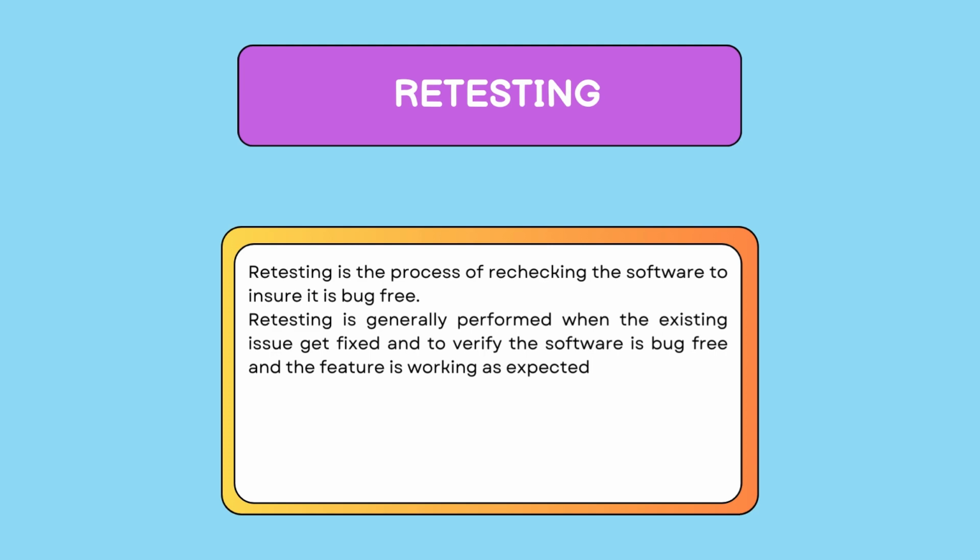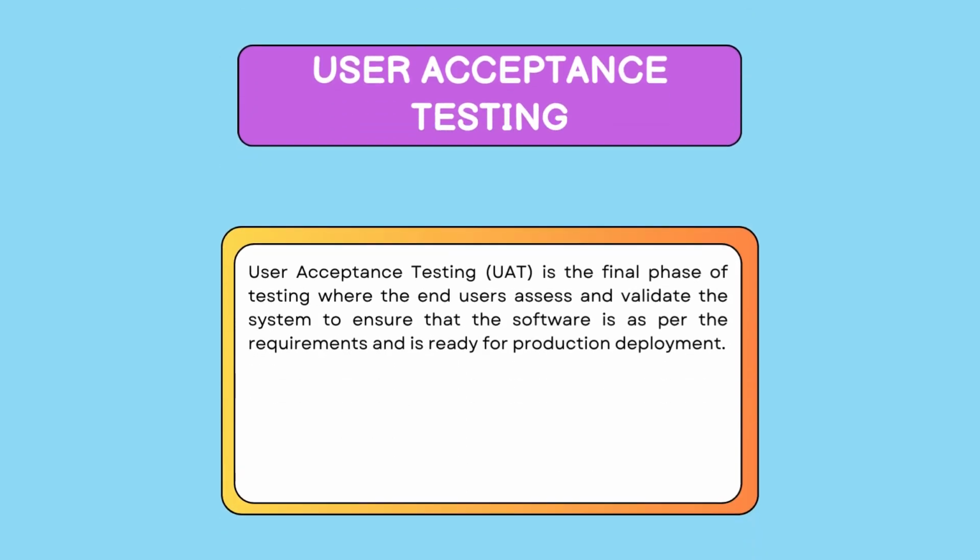Now let's move to the next term. It's user acceptance testing, that's UAT testing. User acceptance testing is the final phase of testing where the end users assess and validate the system to ensure that the software is as per the requirements and it is ready for production deployment.